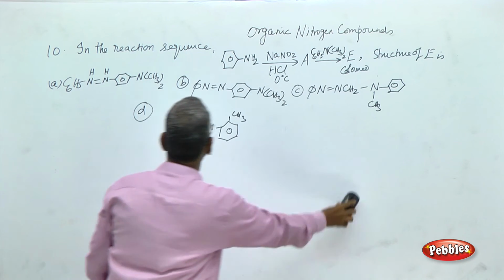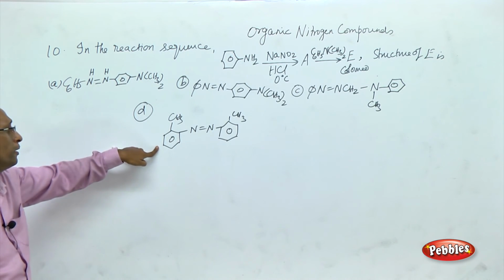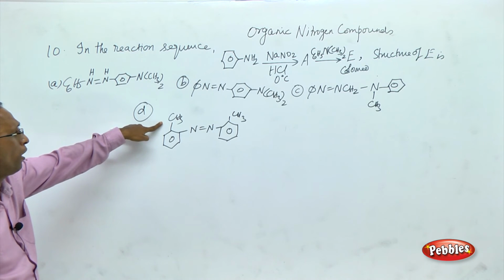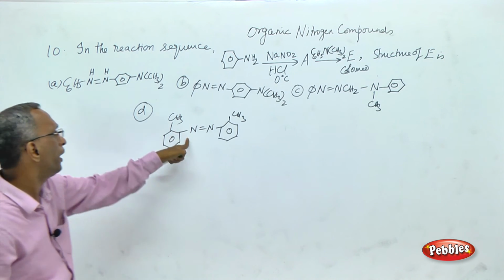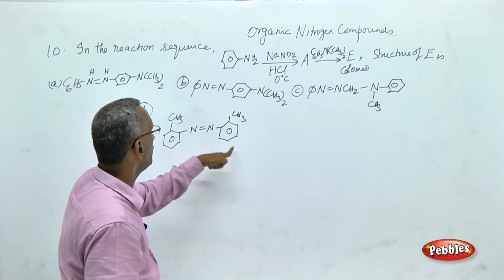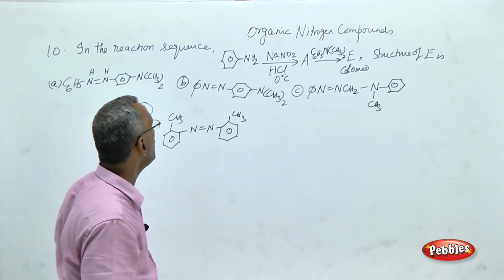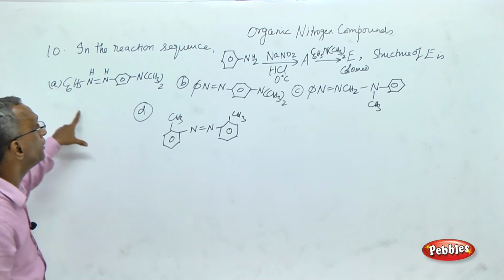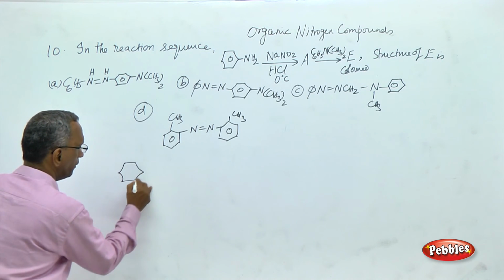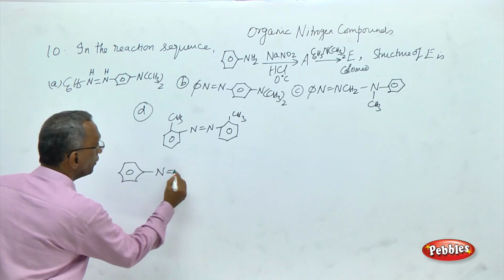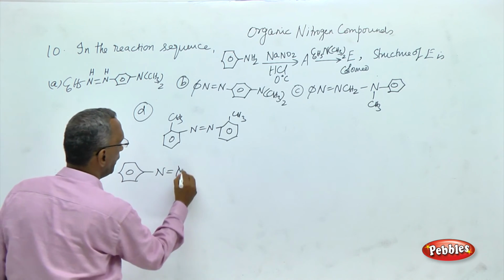The fourth structure is in the ortho position, that is CH3-C6H4-N=N-C6H4 with CH3 in the ortho position. These are the choices they have given. In all these choices, benzene diazonium chloride is initially formed, so the product A is benzene diazonium chloride.